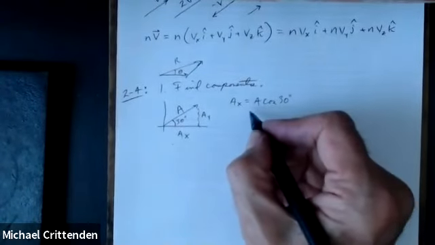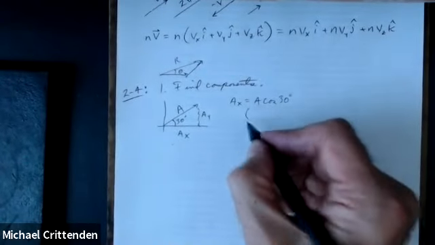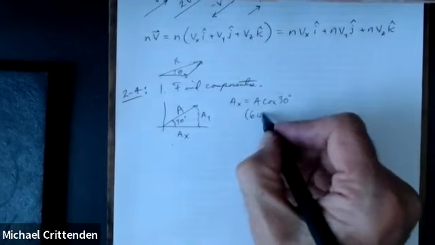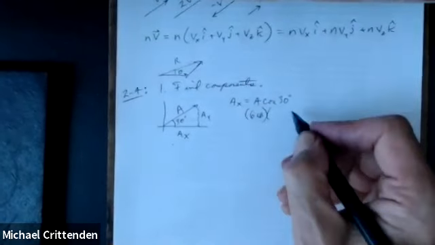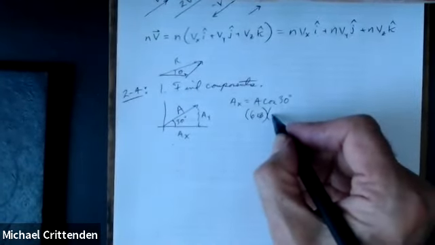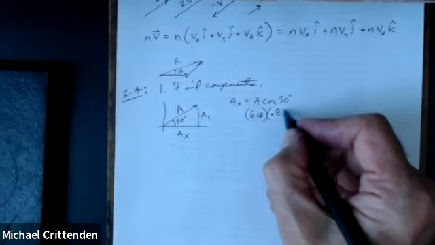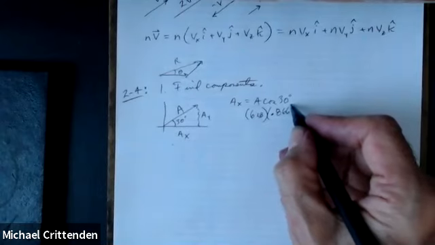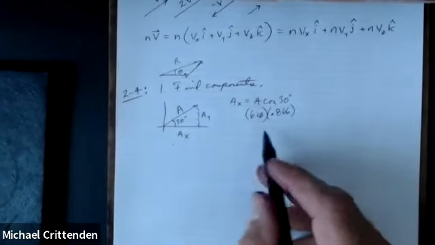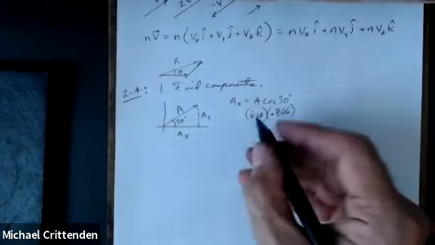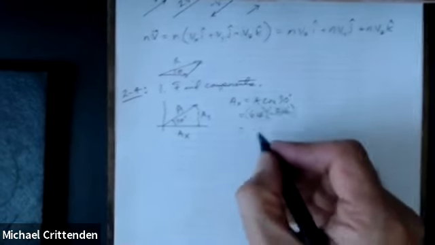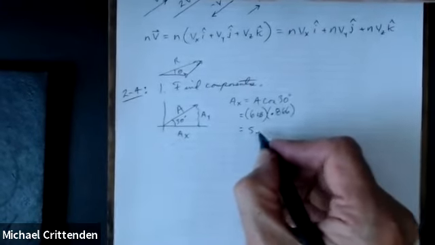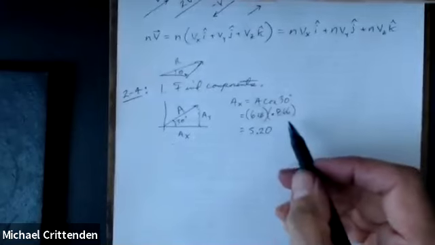We know that A, the magnitude of vector A, is 6 pounds. The cosine of 30 is approximately 0.866. Your calculator will keep going, but I don't feel like writing all that down. And that times that is 5.20.